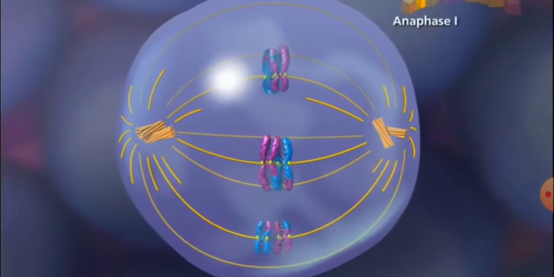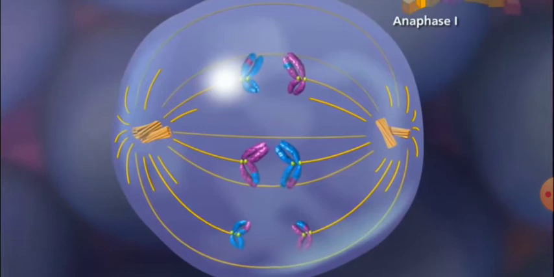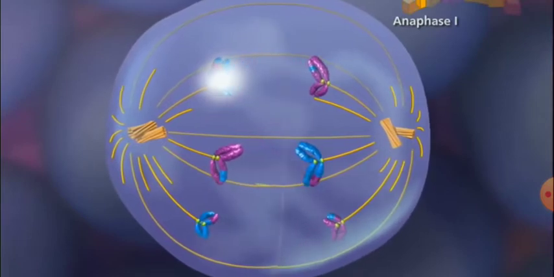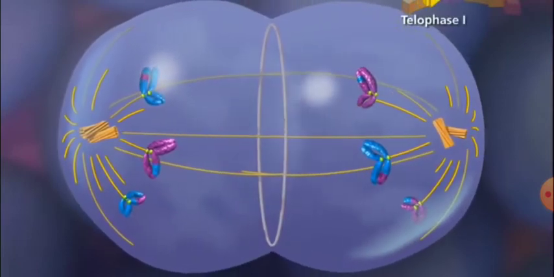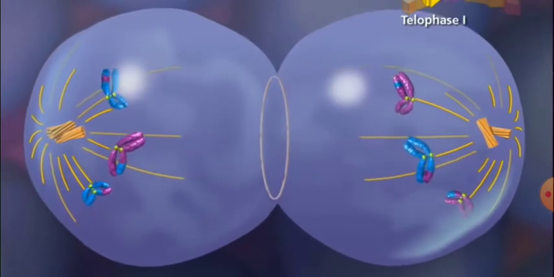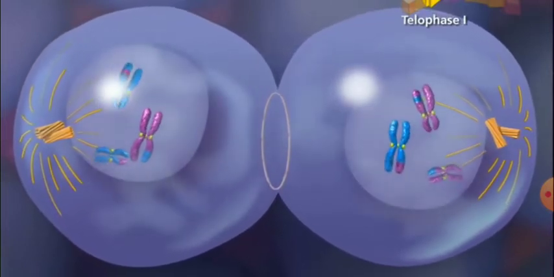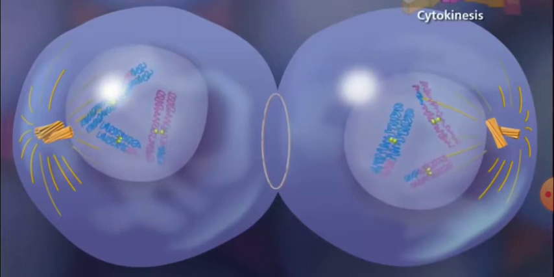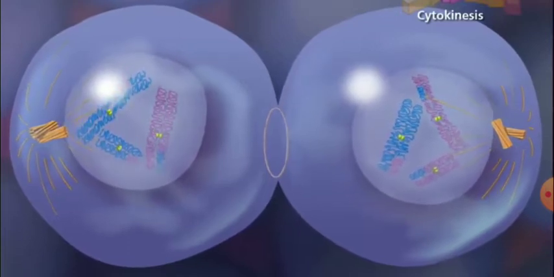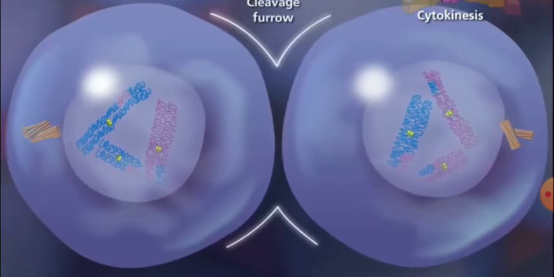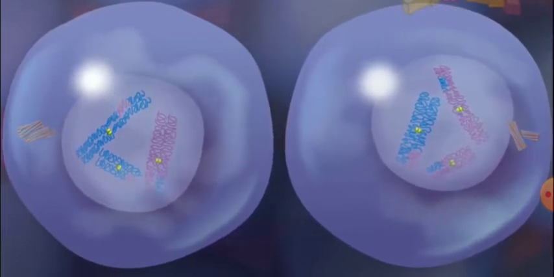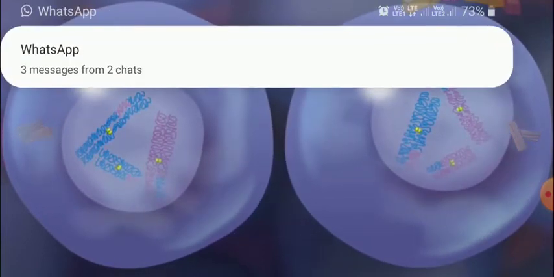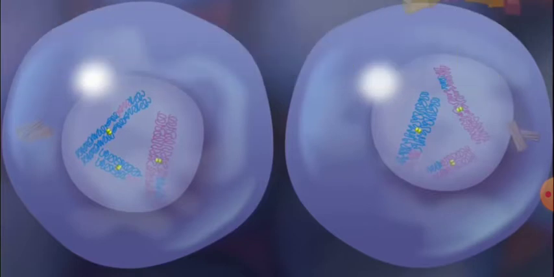This is anaphase 1. See what occurs in the anaphase. This is telophase 1. Now cytokinesis occurs. Cytokinesis I already explained to you in mitosis. The division of the cytoplasm is called cytokinesis.